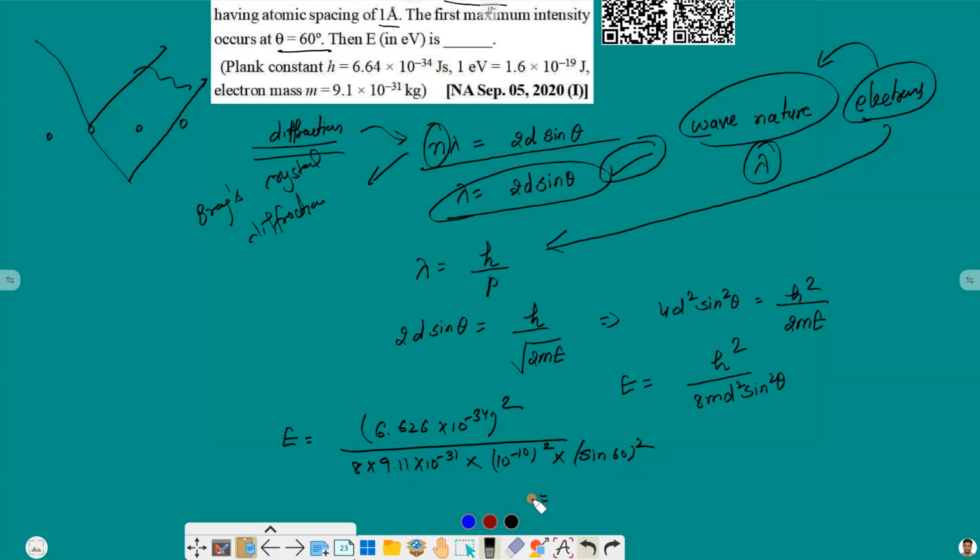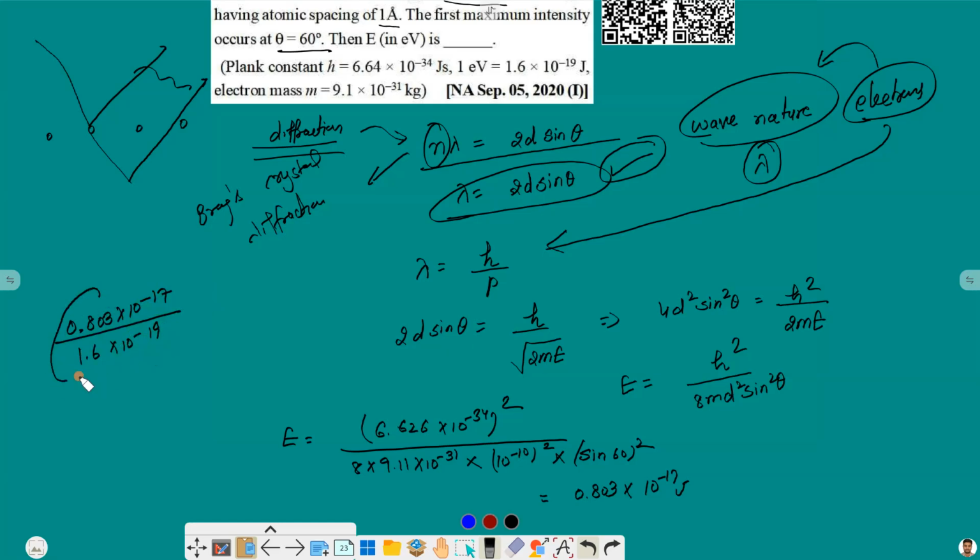Now when we solve this, after solving, what we will get? We will get approximately, I have already calculated, so you can calculate separately, that will be 0.803 times 10 raised to power minus 17 joule. And we can convert it into electron volt, so that will be 0.803 times 10 raised to power minus 17 divided by 1.6 times 10 raised to power minus 19.